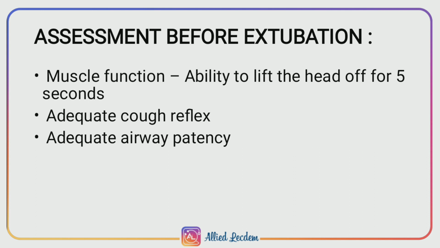Assessment before extubation. What are all the things we have to check before the patient is extubated? First, muscle function. Ability to lift the head off for 5 seconds. This is a major test. And then adequate cough reflex and adequate airway patency.